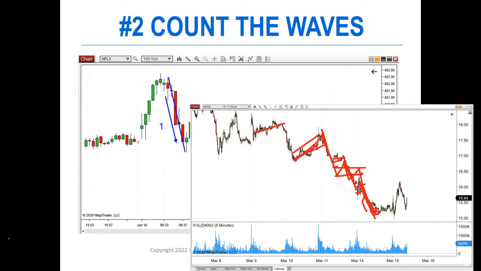So it's kind of looking at previous zones of correction, how long those have taken, and then in your impulse move, if it goes faster than what you see in those previous zones of correction, then you're looking at a greater probability that you will see three waves versus just the two waves coming out of a zone of congestion.